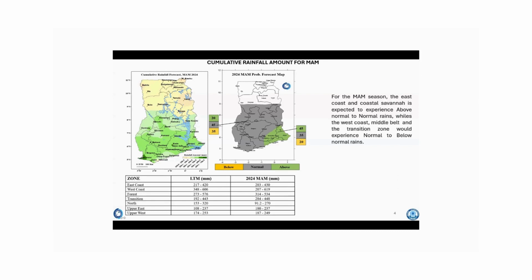So we train them, and then when the forecast comes, like what we are doing, we give it to the extension officers and the radio stations. They are on our platforms. Then daily they take it across to the farmer. The extension officer also works hand in hand with the farmer.